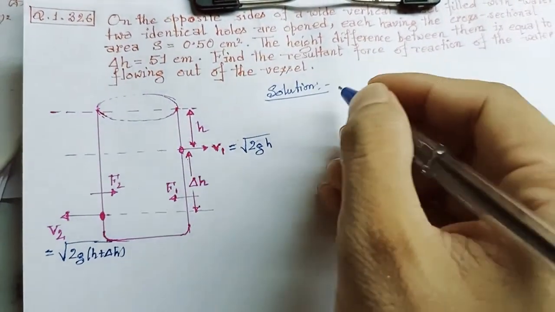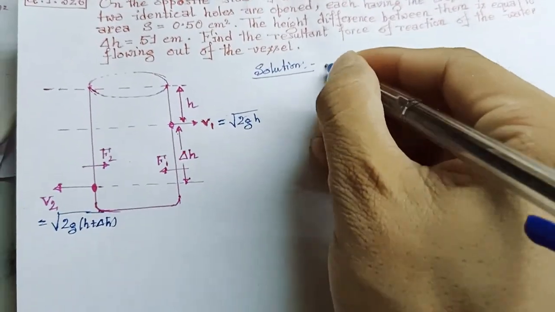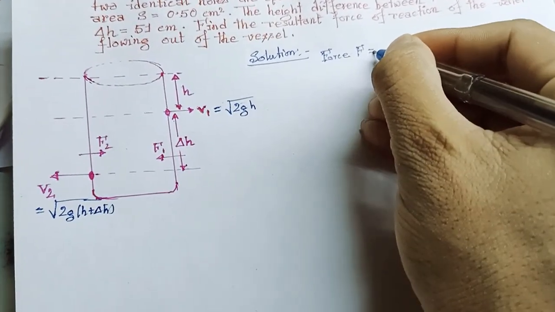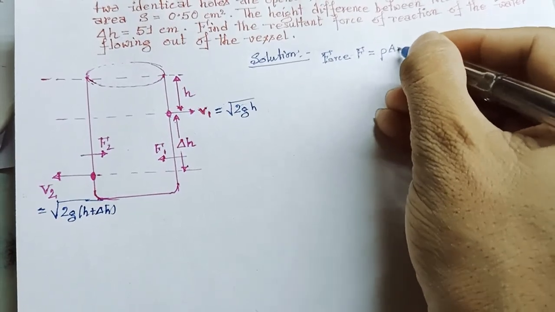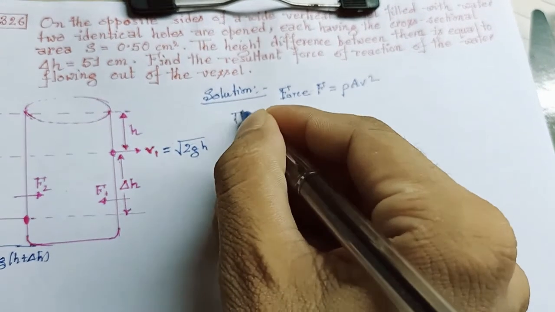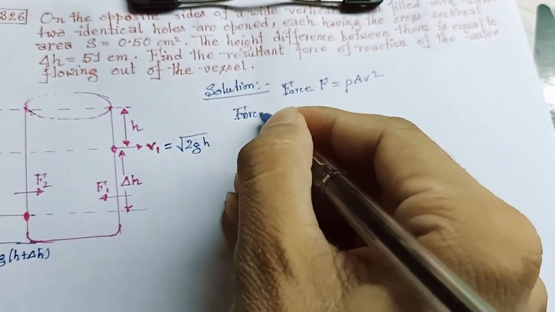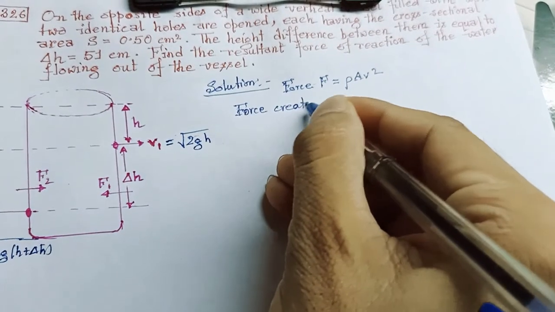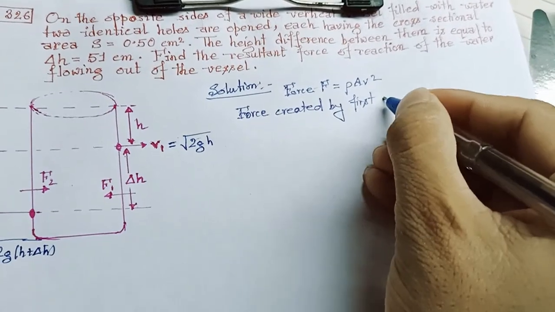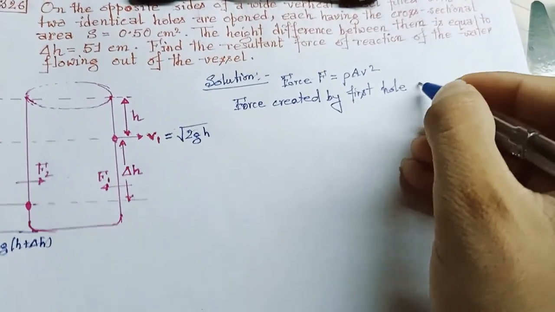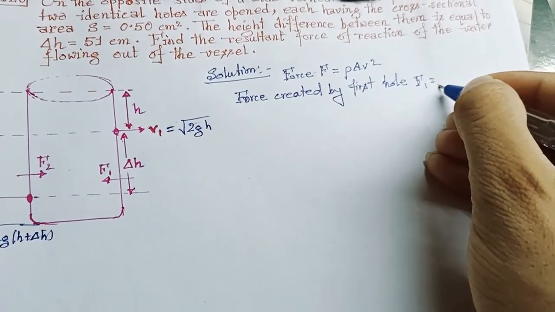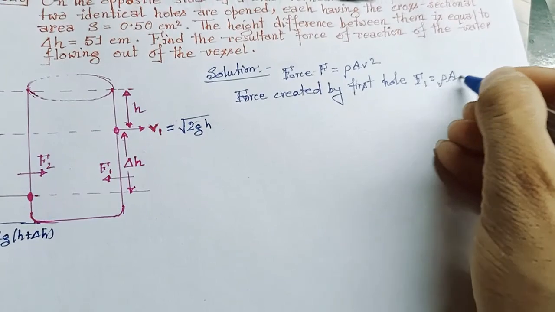As we know, the force F is equal to rho A v squared. So the force created by the first hole is F1 equal to rho A v1 squared.